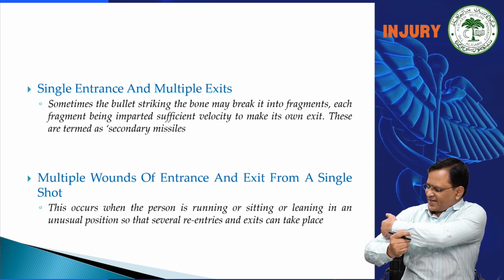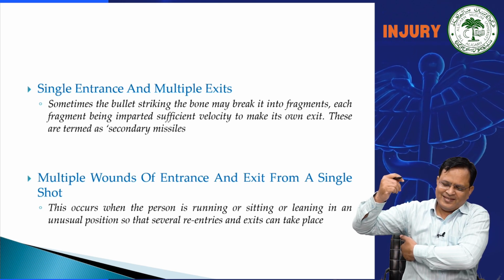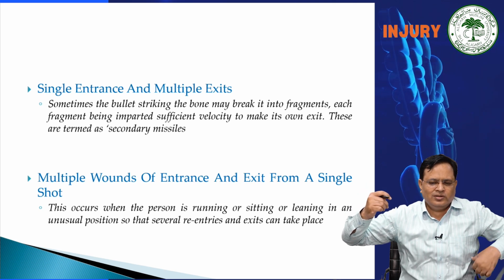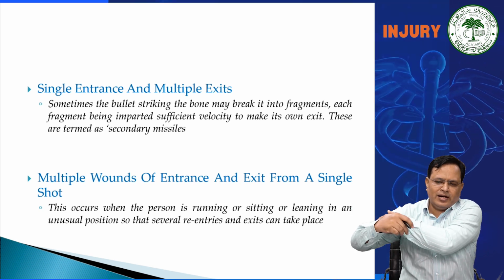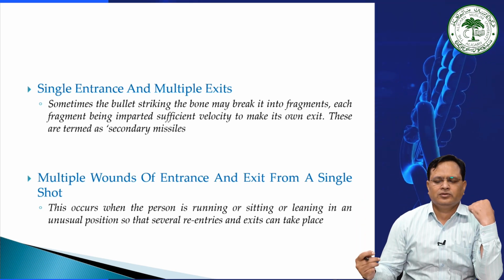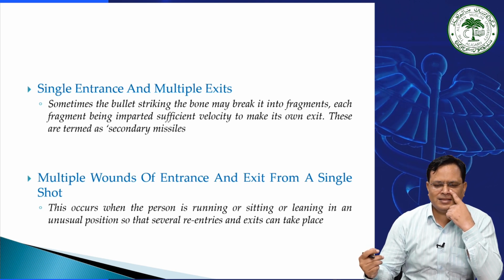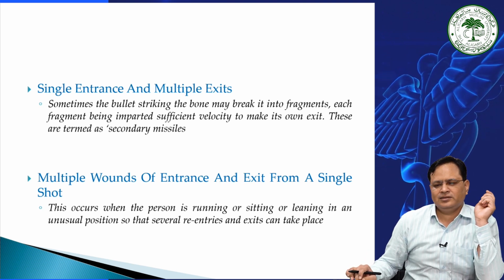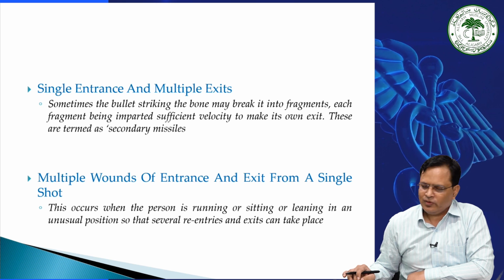A bullet strikes here, exits here, strikes the chest and exits. So a single bullet can cause one entry, one exit, one entry, one exit, four wounds. So if the person is moving, then the same bullet can cause multiple injuries. So we should not be confused by that. We should try to inquire into it.